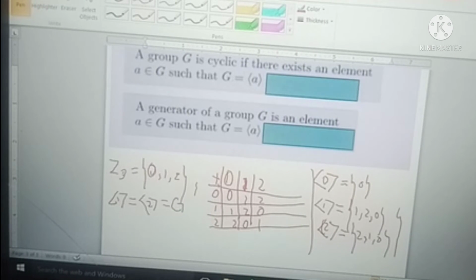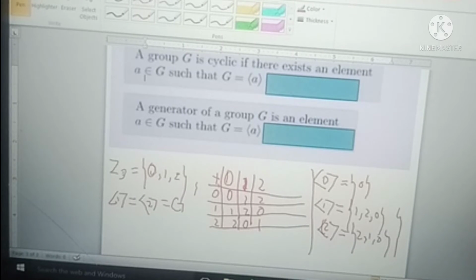That is called a subgroup. It is called cyclic if the group is equal to the subgroup generated by A. So our 1 is equal, and 2 is also equal. So meaning we have two generators in this particular group.